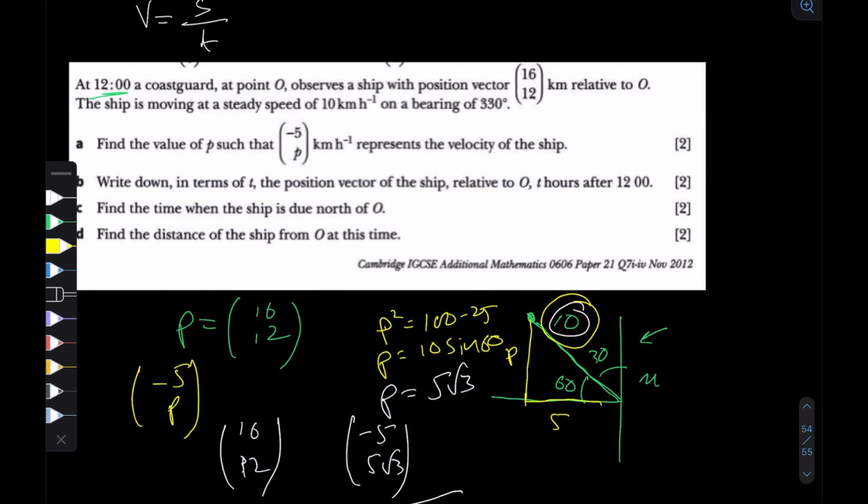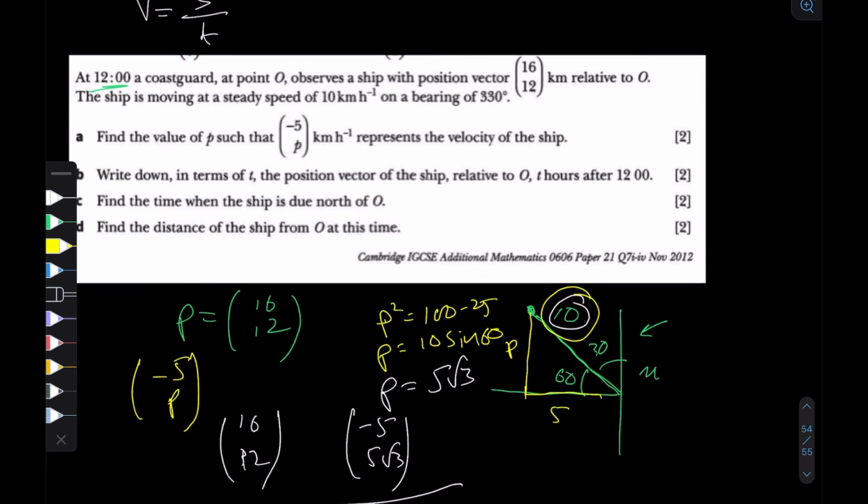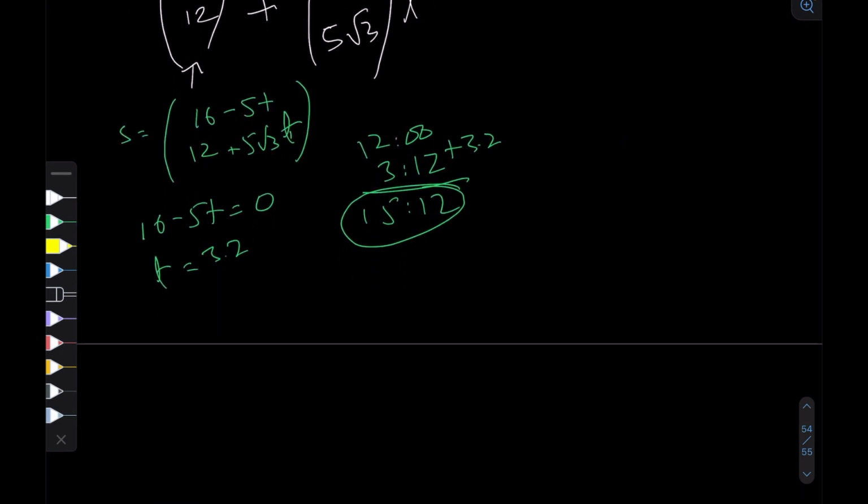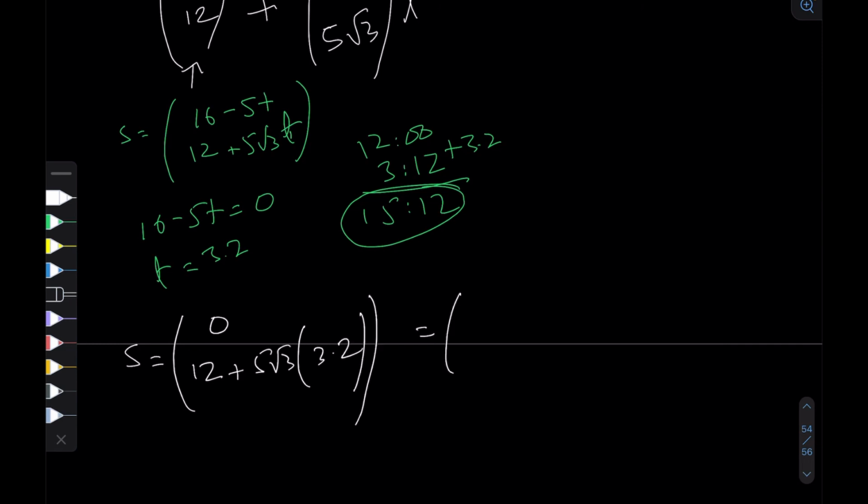Right, and the last part says find the distance of the ship from O at this time. So s would be equal to, well, 16 minus 5t would be 0 if we input 3.2, and then we have 12 plus 5 root 3 times 3.2, because this is the time. This would equal 0 and 12 plus 16 root 3.